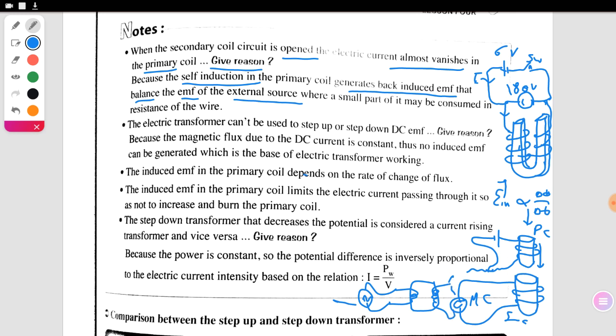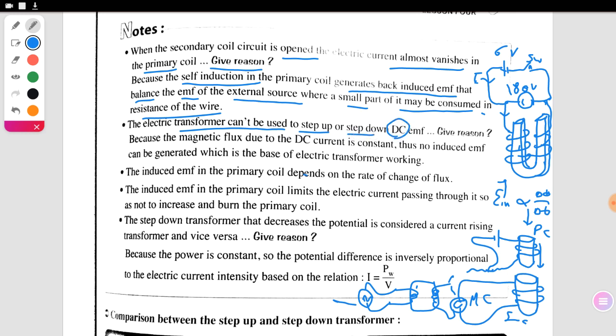When the secondary coil is opened, the primary coil forms backward induced EMF equal and opposite to the EMF of the source. So there is no current passing through the circuit. It balances the EMF of the external source, where a small part of the energy is consumed through the resistance. The electric transformer cannot be used to step up or step down DC current.